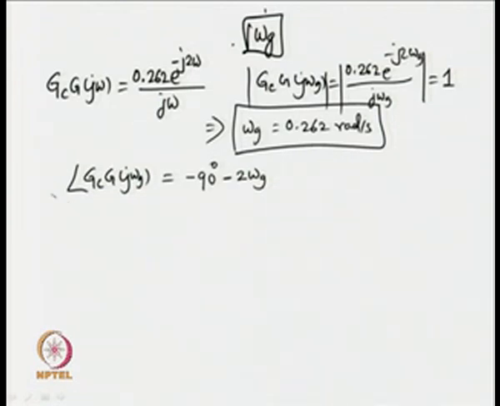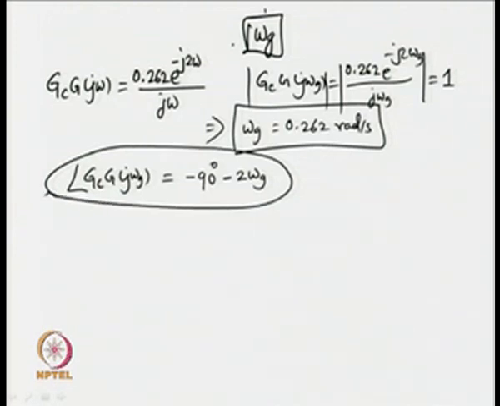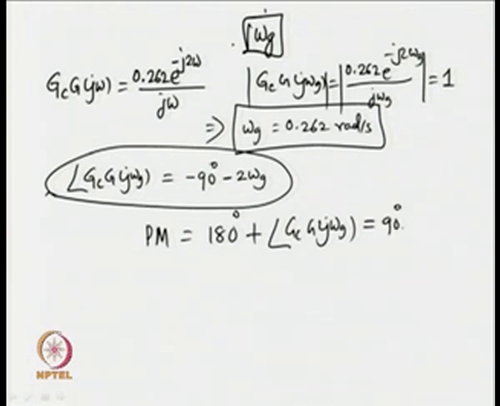Now, how much additional phase can be added to this system before bringing the system to the verge of instability? That is known as the phase margin of a system. So, we define the phase margin as 180 degree plus the angle of G C G j omega g, which will be equal to 90 degree minus 2 omega g.